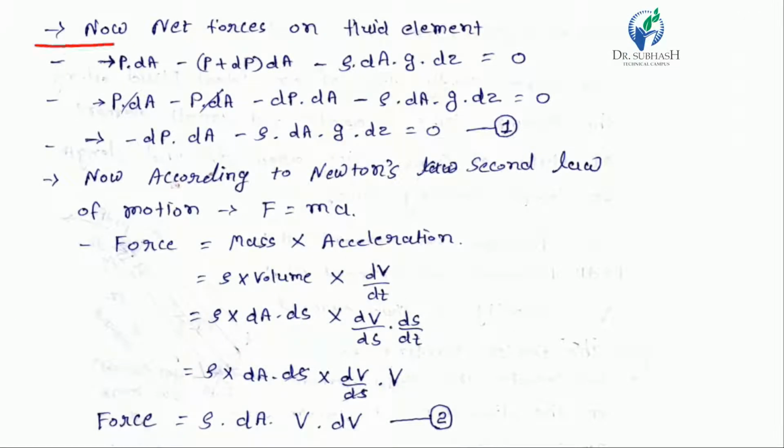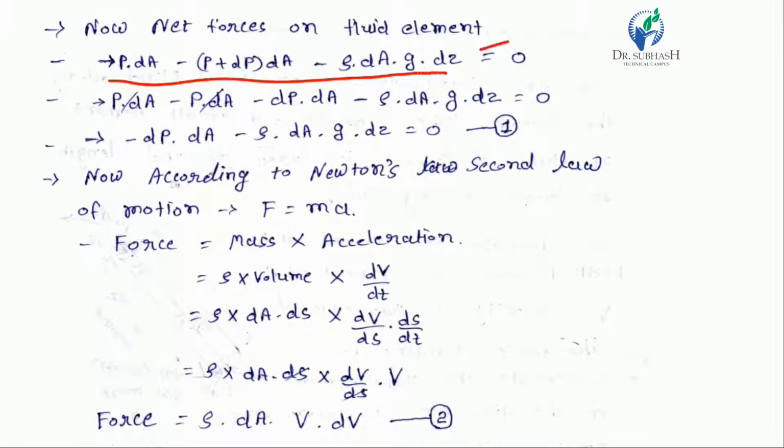Now the net force applied onto the fluid element is the summation of all forces: pressure force at L side, pressure force at M side, and component of weight in the direction of flow. We can write the sum of all forces equal to 0.